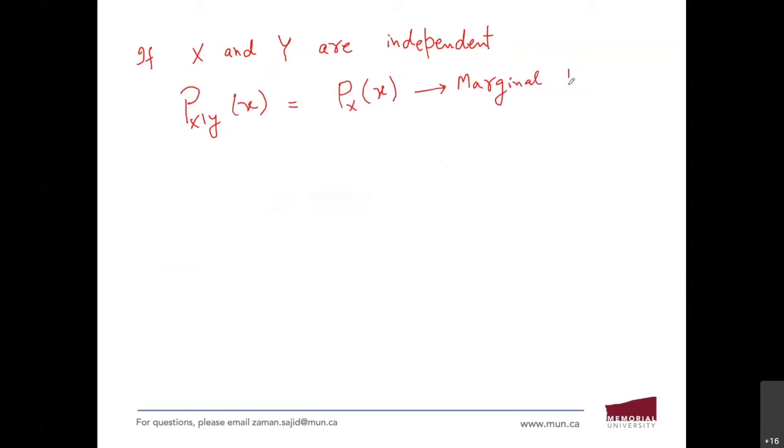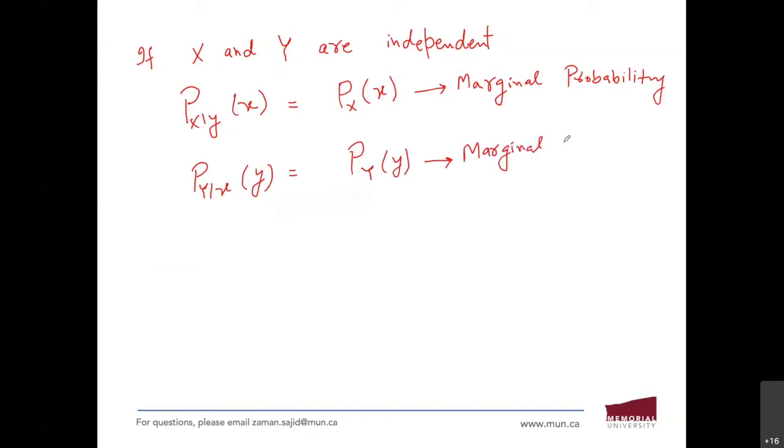In terms of y given that x, we have p of y, and this is again your marginal probability.